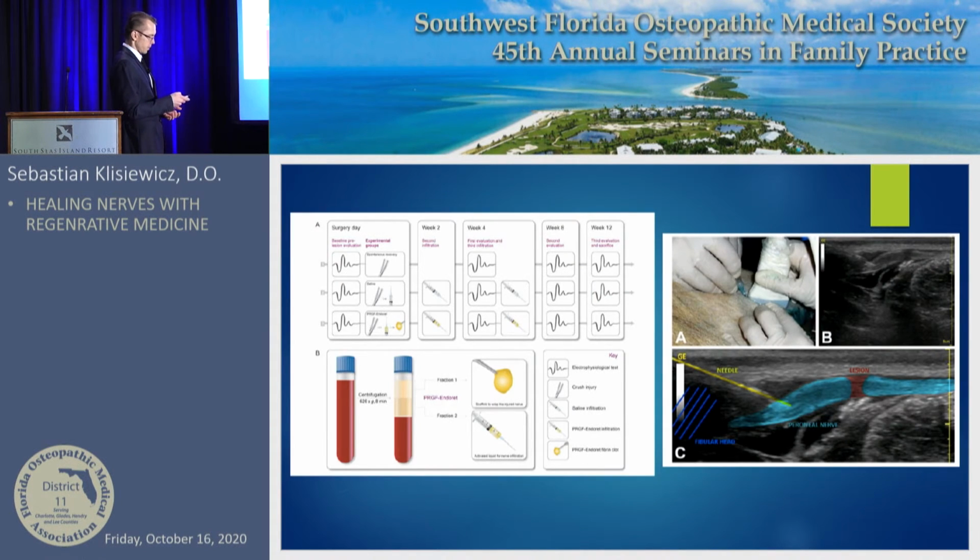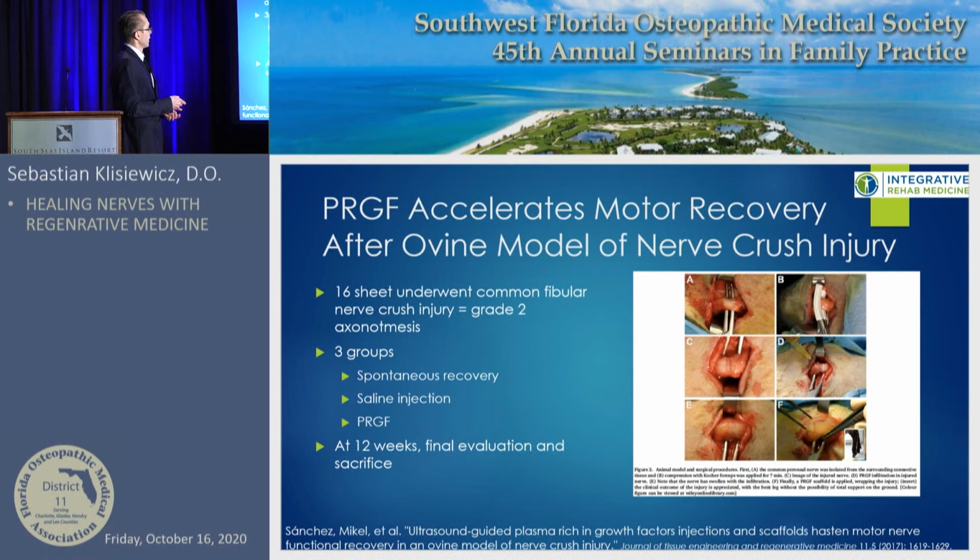They took out the nerve, and then they compressed it, and they caused an axonotmesis, meaning they damaged the axons pretty severely. And then they injected some PRP in it, and then they put some PRP on top of it, a little bit of a clot. And then they followed them. So they had 3 groups: spontaneous healing, saline injection, and then platelet-rich plasma, rich in growth factors, what they use.